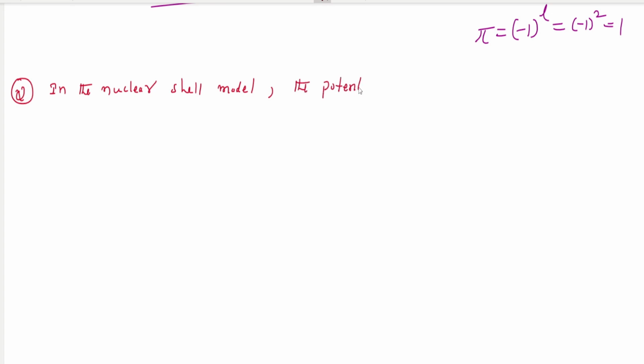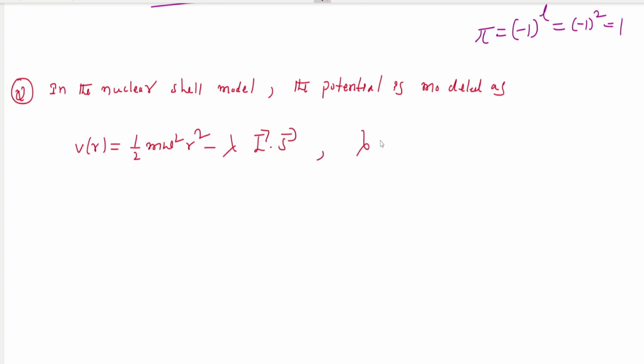The potential is modeled as V of R equal to 1 divided by 2 m omega square r square, and some perturbation is there, lambda L, not, lambda greater than 0.